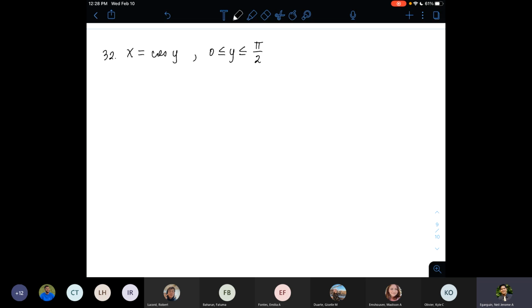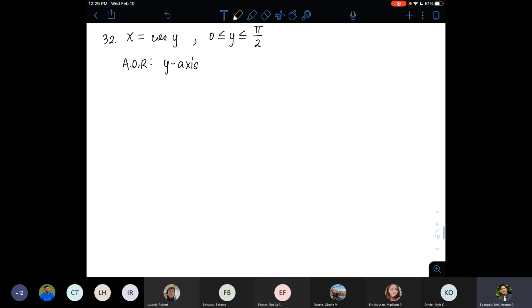Okay, so let's see. Problem 32. So here we have the function x equals cosine y. Y is from 0 to pi over 2. And then the axis of revolution is the y-axis.